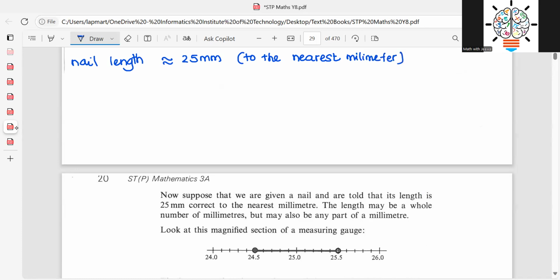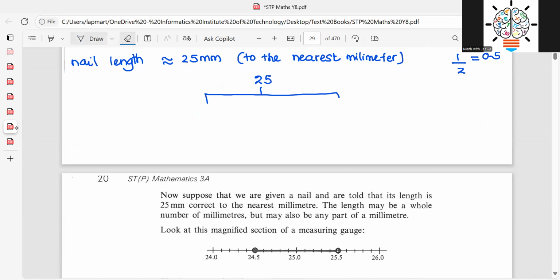The millimeter in the sense that is the unit place here. So what I do, I write 25 here and here separately I divide 1 by 2, because to the nearest millimeter, the millimeter is in the unit place, the ones place. It gives me 0.5, and I get it like this, plus 0.5 and minus 0.5.